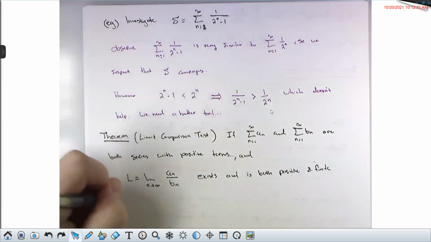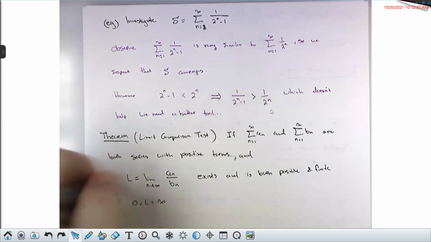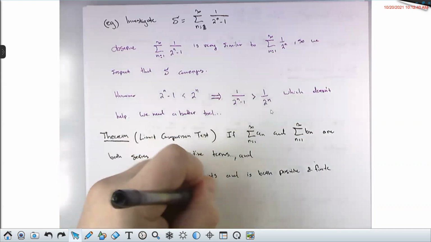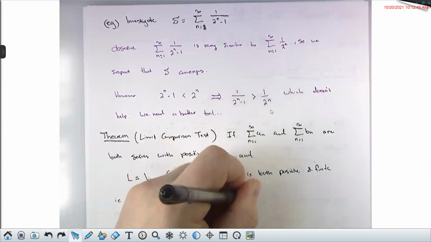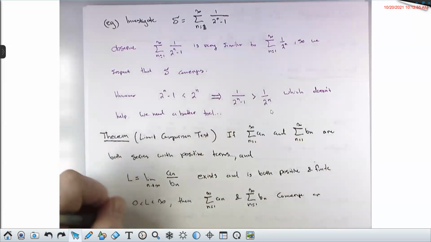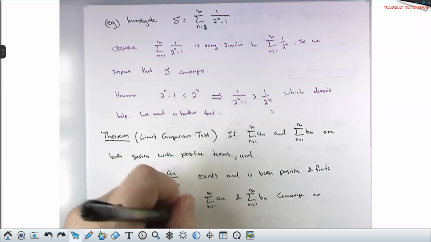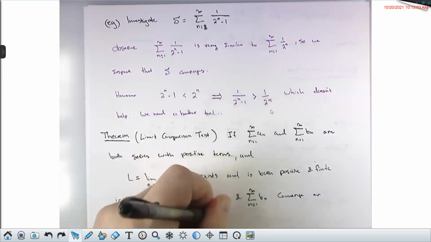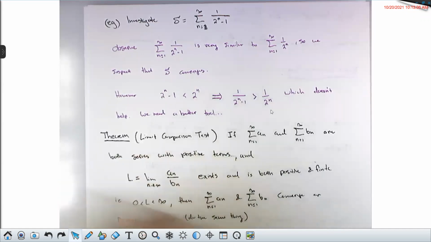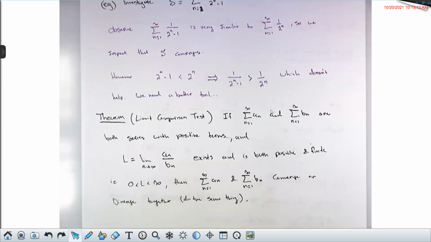In other words, i.e. 0 is strictly less than L is strictly less than infinity. Then sigma n from wherever to infinity of an and sigma n from wherever to infinity of bn converge or diverge together. They do the same thing. That is what the limit comparison test says.